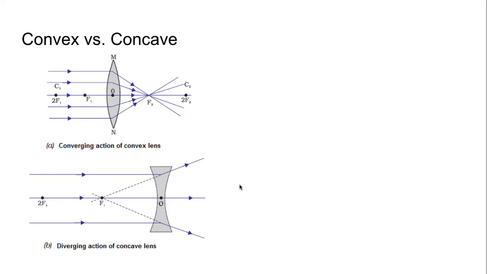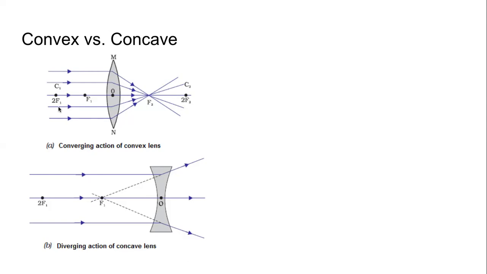Many people get confused. Also, another thing to note here is, what is this 2F? This is the C. See, it is written C1, right? It is the C only. We are just writing it in another way. We have already revised that point of focus.